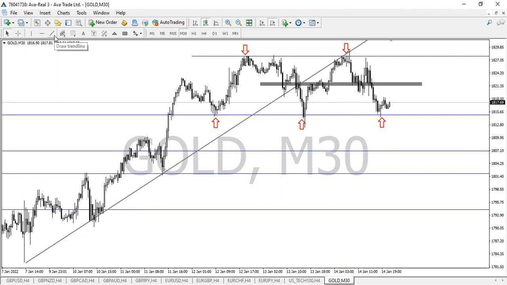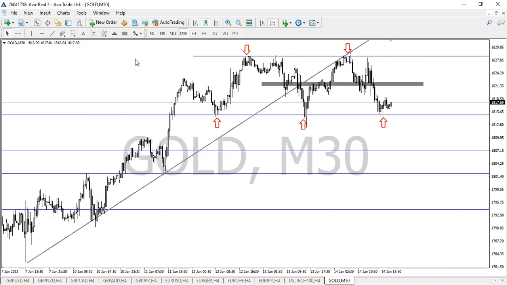So we might see gold going from this point this way, and then from here going this way, to come and test this point.